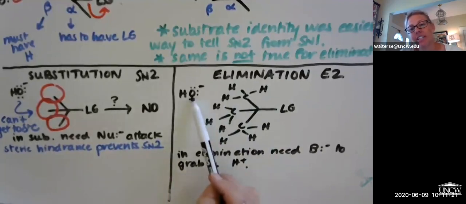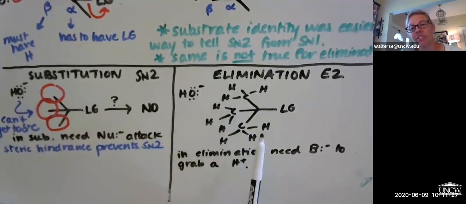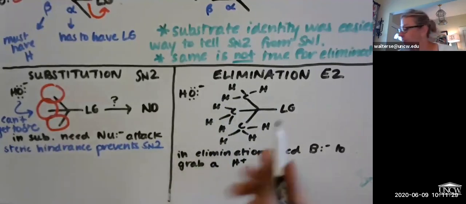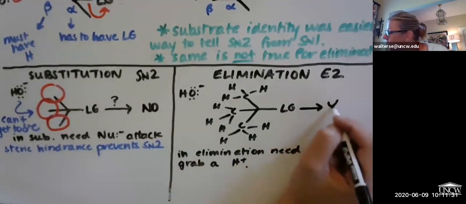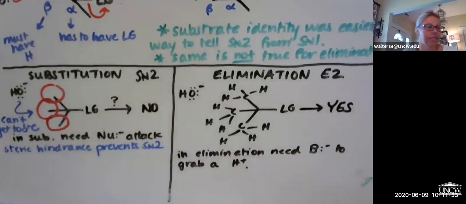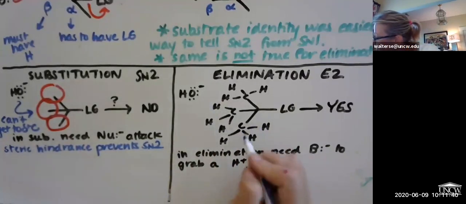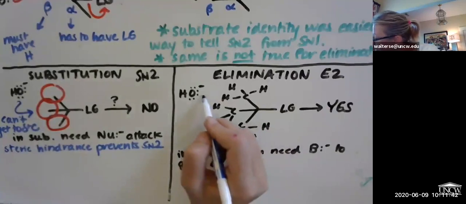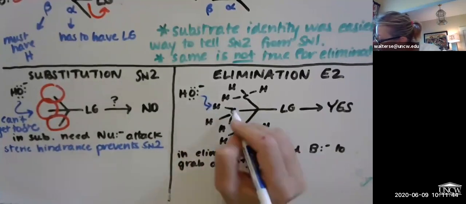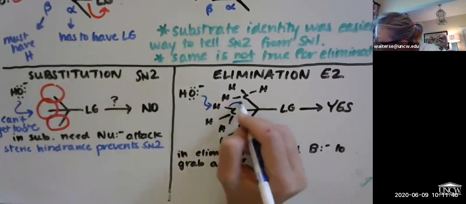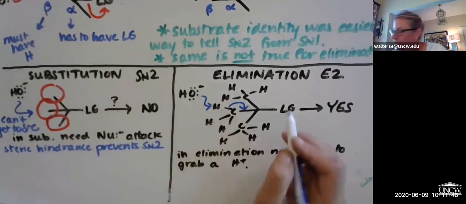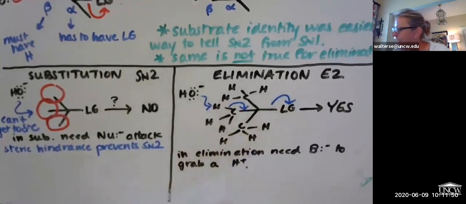So this hydroxide, as a base, can pull any of these protons off, and the reaction will proceed. Grab a proton, any one you want. The sigma electrons have to fall down to become pi electrons. The leaving group has to leave.